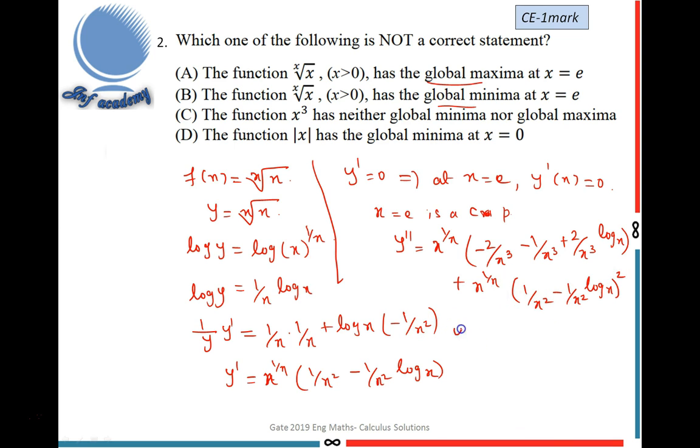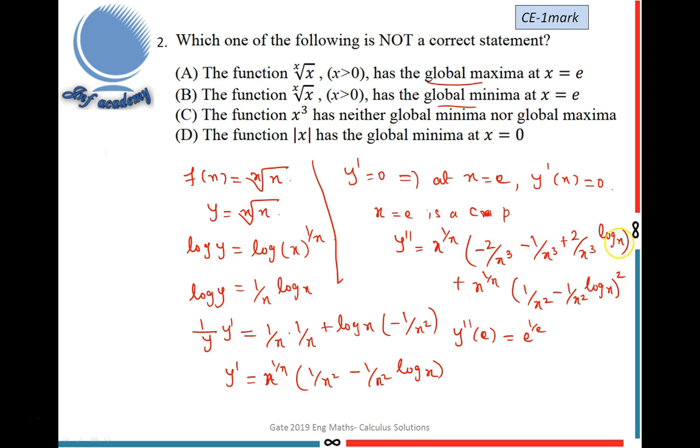Next I find y double dash of e. In y double dash I substitute the value of x. Log e is 1, so 1 by x square minus 1 by x square is 0, so the total value of this term is 0. Next I substitute here e power 1 by e. This is minus 3 by x cube.